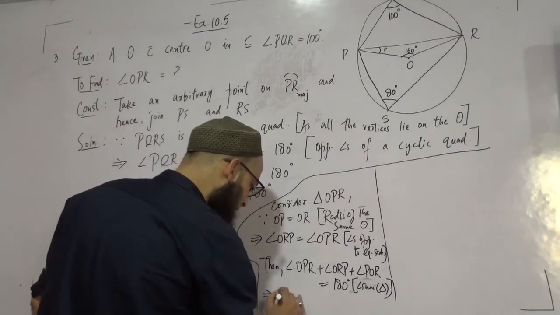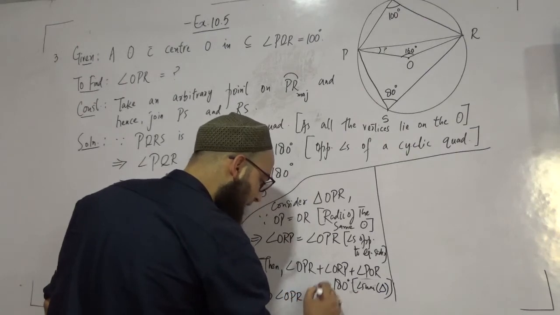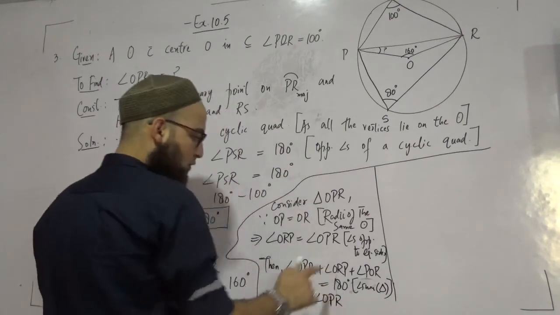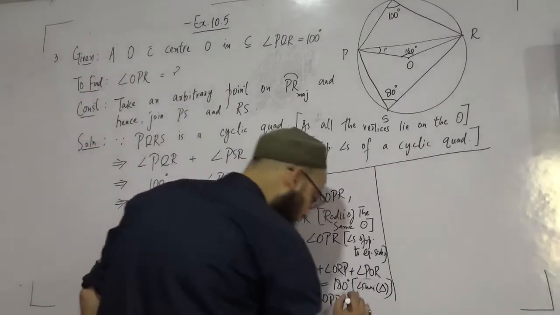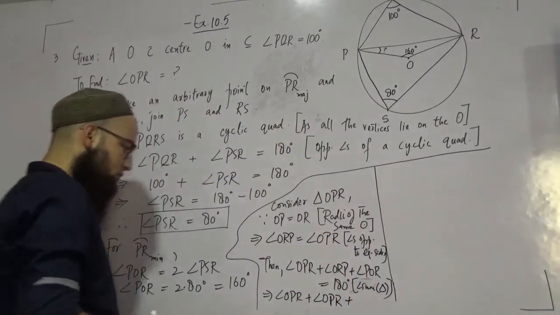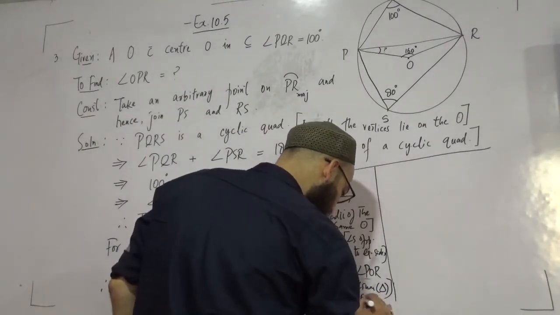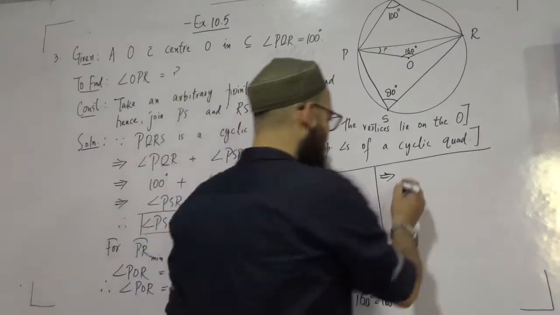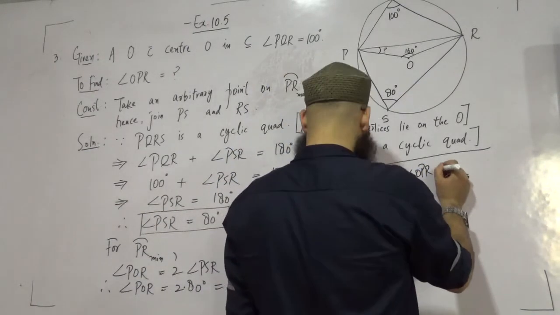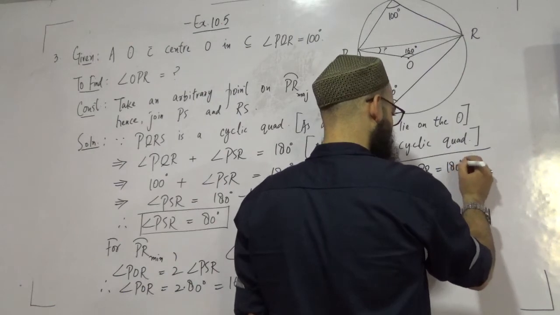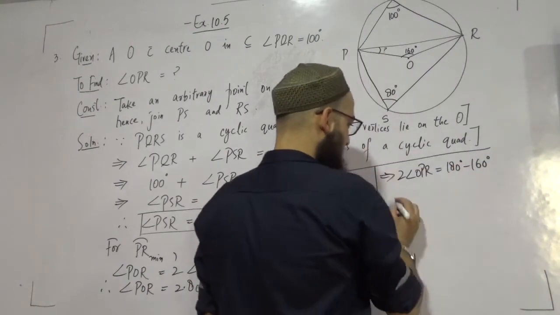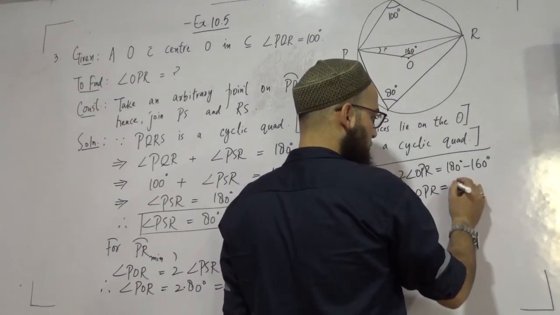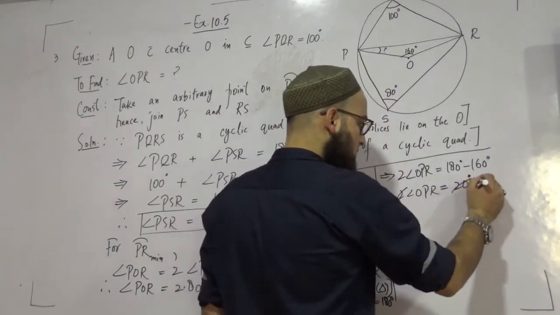Which implies that angle OPR plus, I'll write OPR for ORP because ORP is equal to OPR, plus angle POR, which is 160 degrees, is equal to 180 degrees. Then twice angle OPR is equal to 180 minus 160 degrees, which implies that twice angle OPR is equal to 20 degrees.